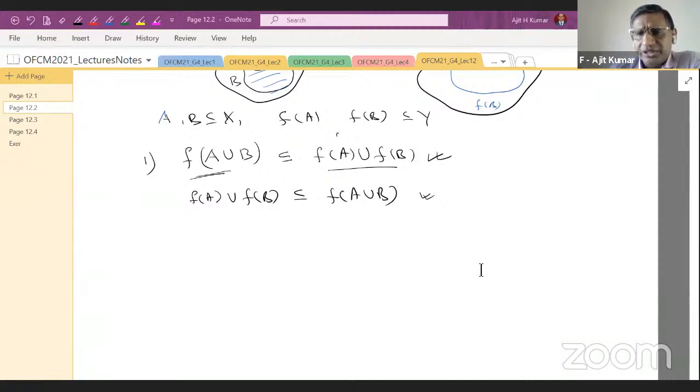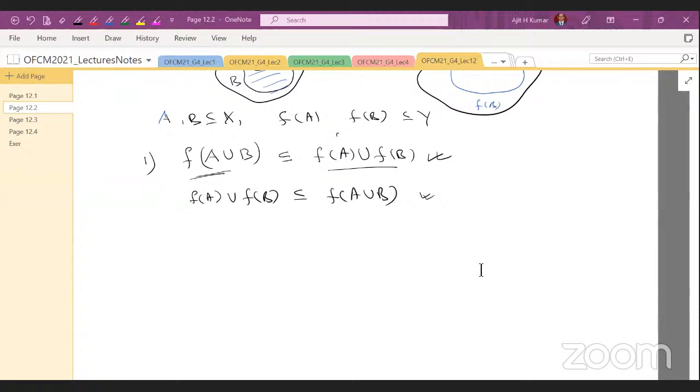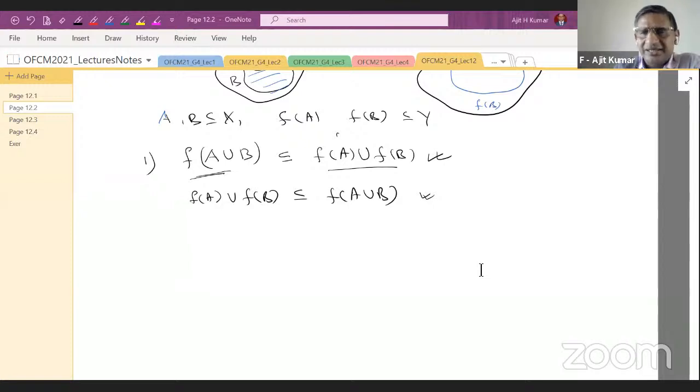But something which we have already proved, we can make use of that. Yeah, so how will you make use of it? Anamika? So please listen carefully.